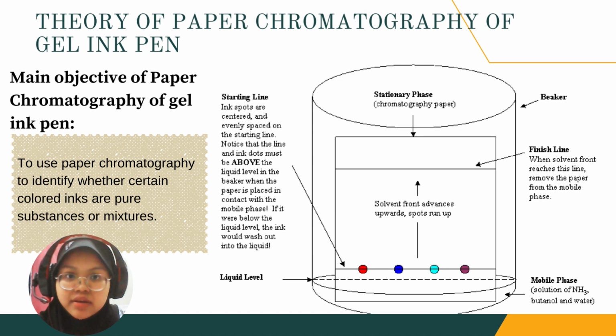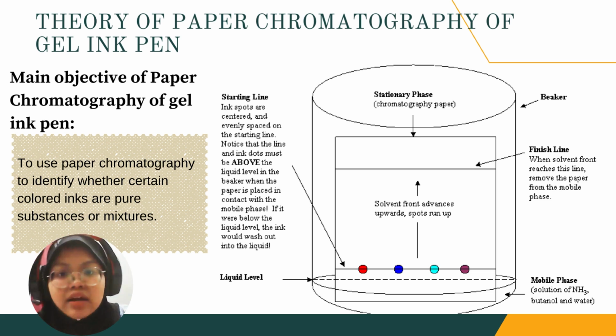Saturating the atmosphere in the beaker with vapor stops the solvent from evaporating as it rises up the paper. The solvent will travel up the paper and different components of the ink mixture will travel at different rates. From there we can determine whether certain color inks are pure substances or mixtures.